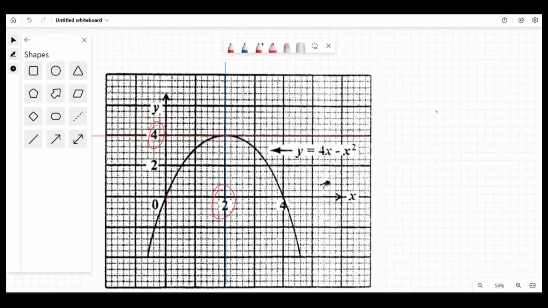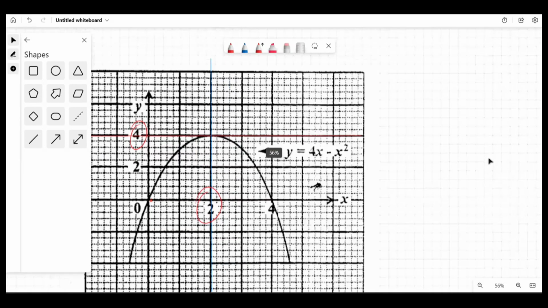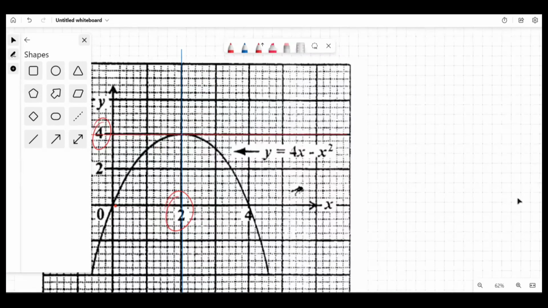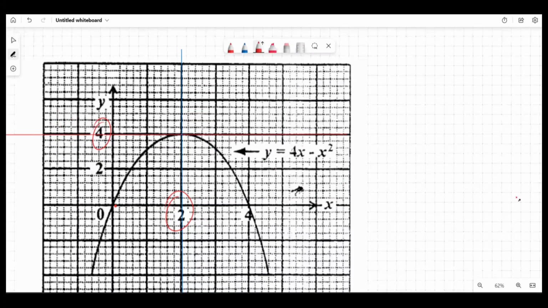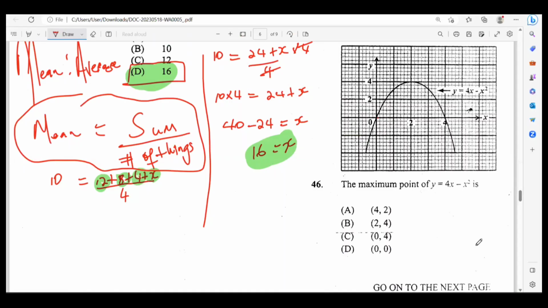So you want to merge the idea that the point in reference is a combination of, so this point here is a combination of what? It's a combination of 2 on your x with 4 on your y. So that's what I mean by maximum point. Point, because they use the word point, not just the maximum value.